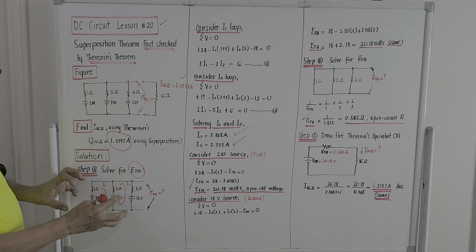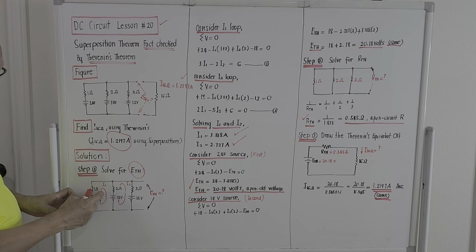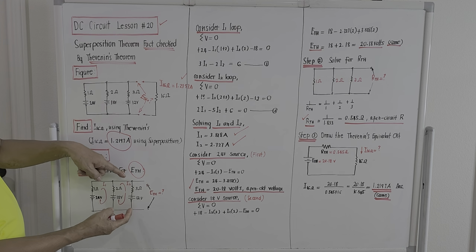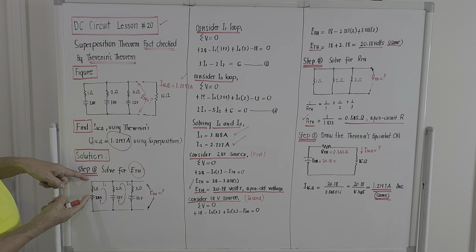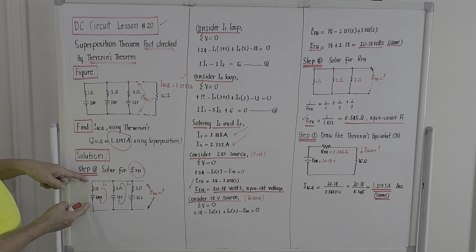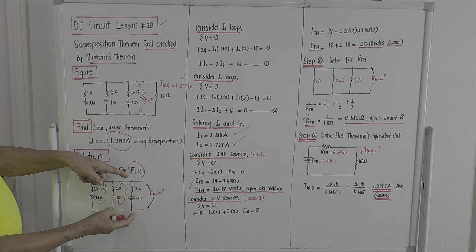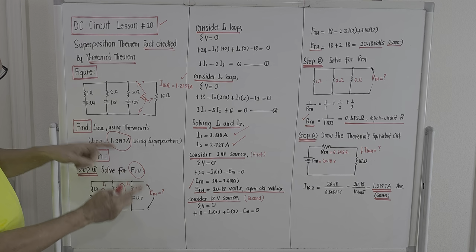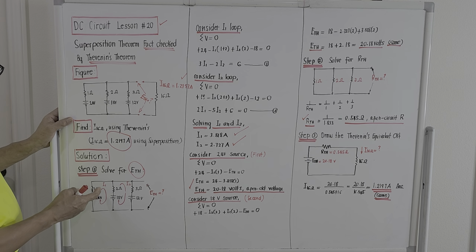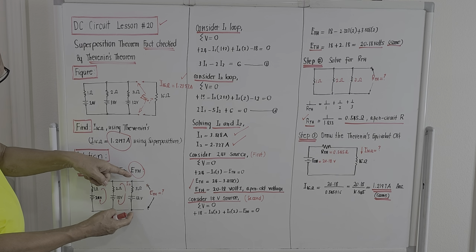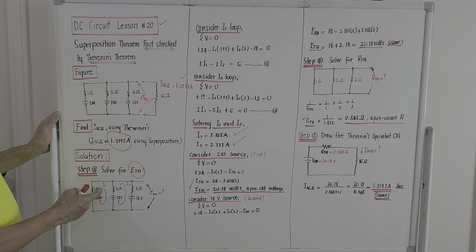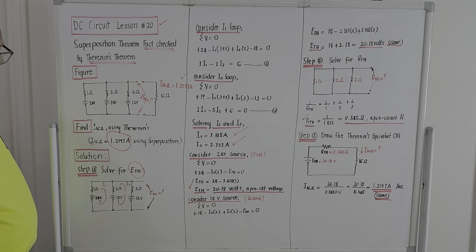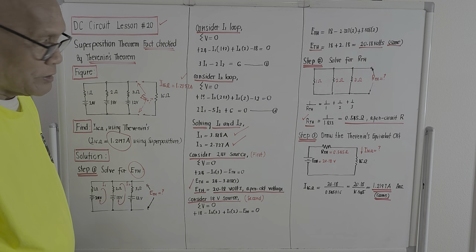For the meantime, there are only two unknowns, I1 and I2. To compute for ETH, we must first compute the current emanating from the 24 and the 18, so it's a must that we compute I1 and I2 before we could compute ETH. To solve for I1 and I sub 2, we will be using Kirchhoff's voltage law.